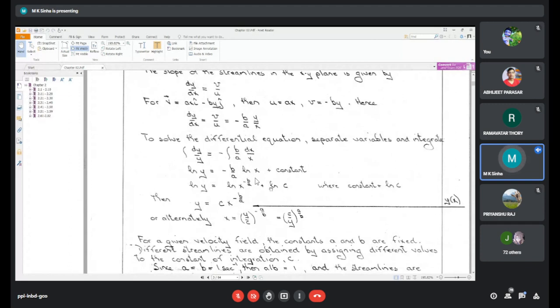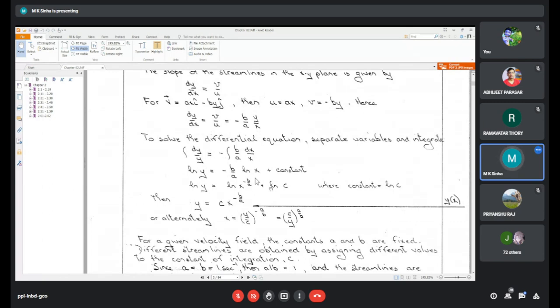Or you can say that x equals (y by c) to the power minus a by b, and this is nothing but c y to the power a by b.